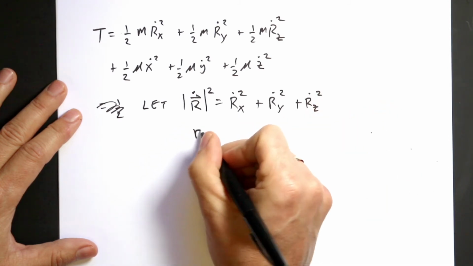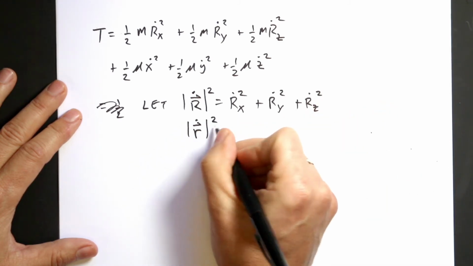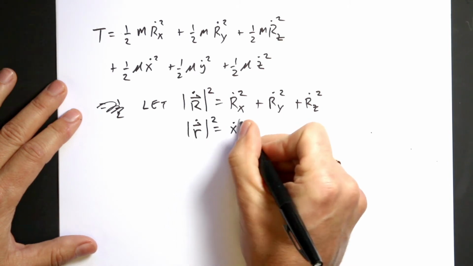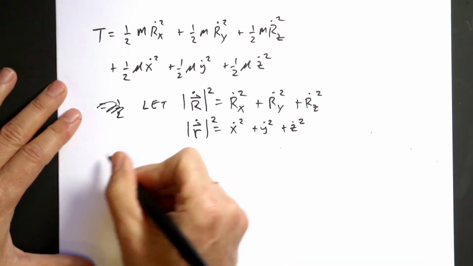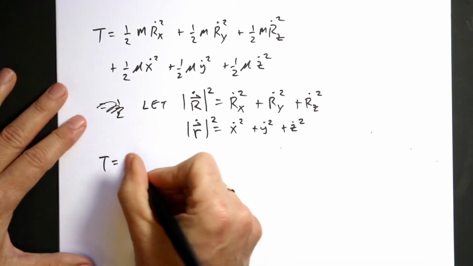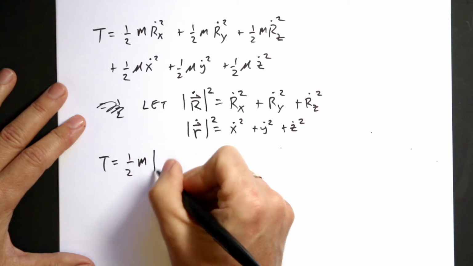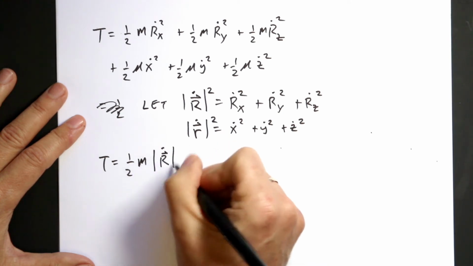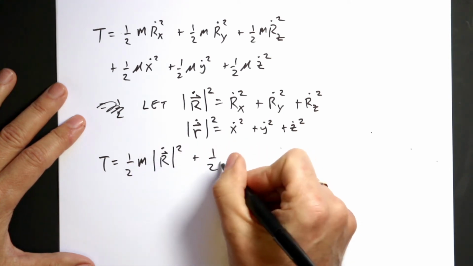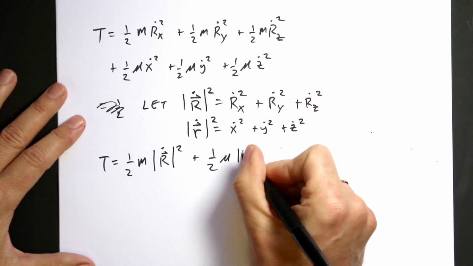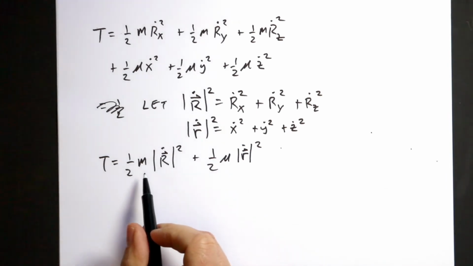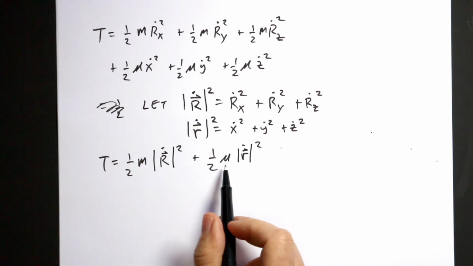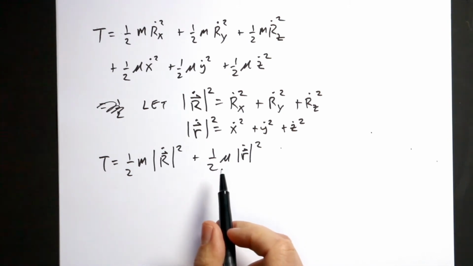And then r dot squared would be x dot squared plus y dot squared plus z dot squared. So I get T equals 1/2 m R dot squared plus 1/2 mu r dot squared. So this is the kinetic energy of the center of mass, and this is the motion relative to the center of mass.